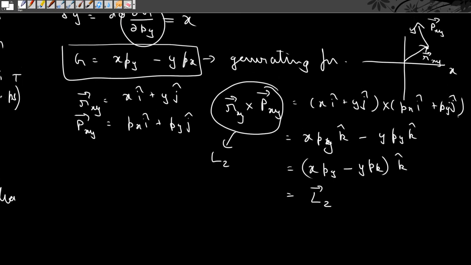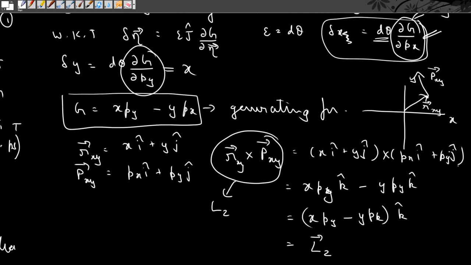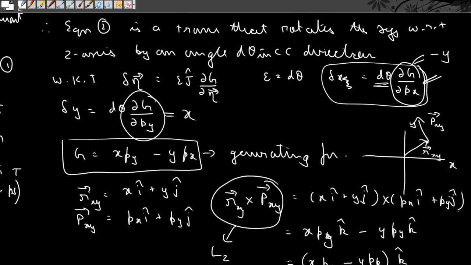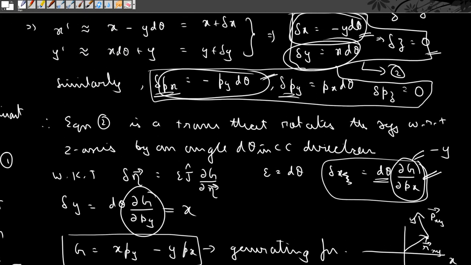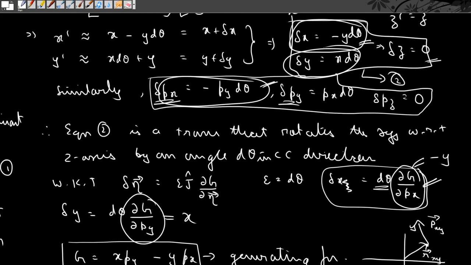So what we see is that when we take the generating function to be equal to the component of the angular momentum along the axis of rotation, then the transformation generated is nothing but the rotation about that axis by the infinitesimal angle d theta.